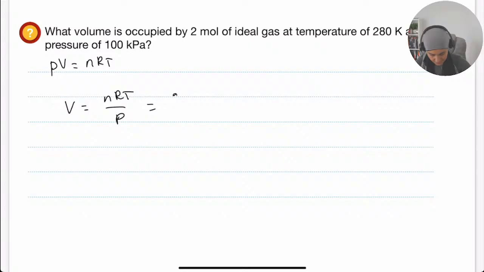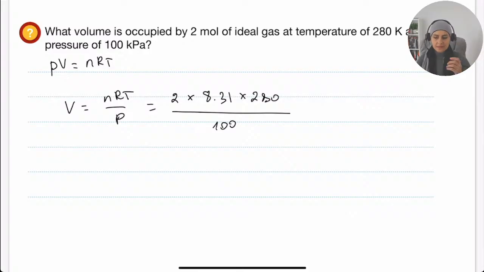So n is 2, R is 8.31, temperature in kelvins 280, and pressure 100. Well, I keep it in kilopascals. If I use the pressure in kilopascals, I'd get the volume in cubic decimeters then. Yeah, because remember, kilopascals correspond to cubic decimeters.